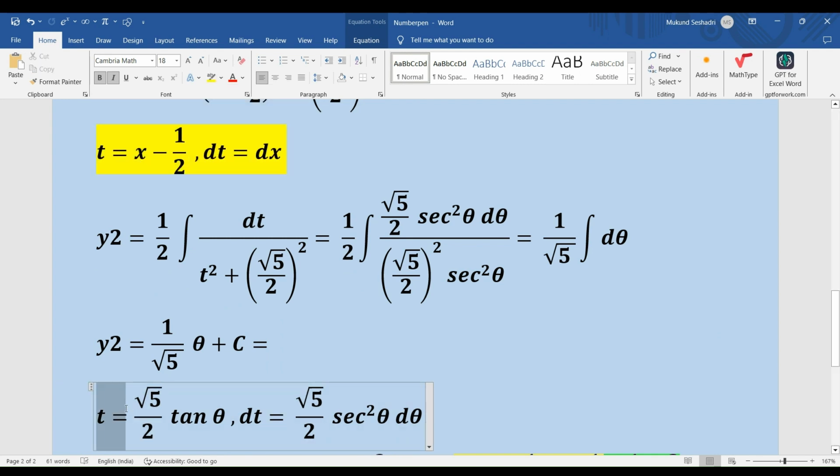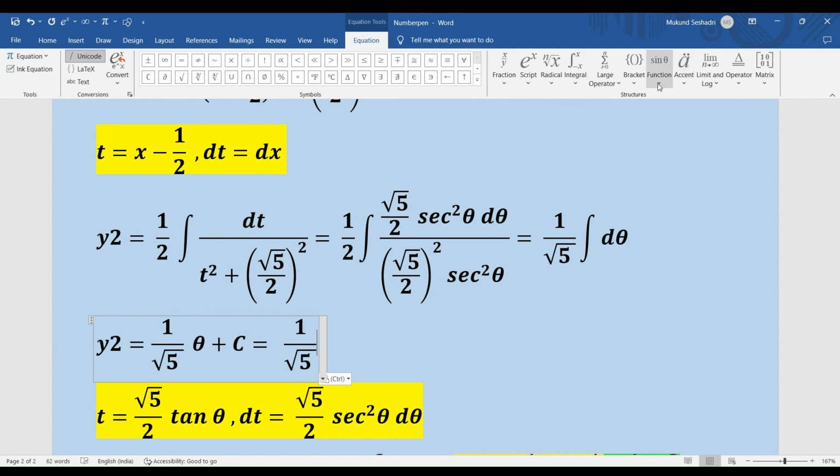So what I'll do now is replace my theta in terms of t and then go ahead and replace my t in terms of x, right? So my theta is nothing but tan inverse of 2t by root 5, right? And then my t equals x minus half, right?